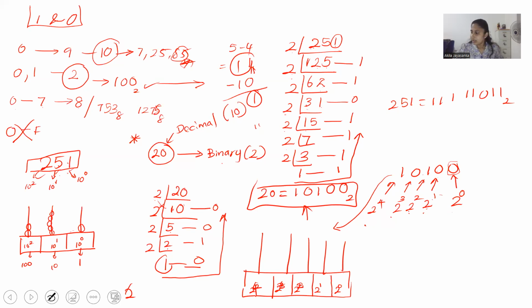Right? 2 to the power 2 point is 1. I can replace 1, 0 is here. Then 2 to the power 3 is 0. Again, I am not going to place any balls here. 2 to the 4 value is 1. So I can replace the balls in 2 to the power 4 place. This is the way that we can represent binary values using abacus. I think it is clear.